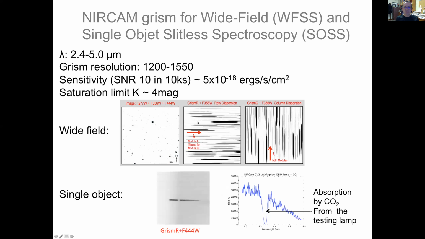And there's two of them with cross dispersion. This is useful for crowded regions to discriminate one source from the other. And this mode is also used for single objects, in particular to do transit spectroscopy over that wavelength range.